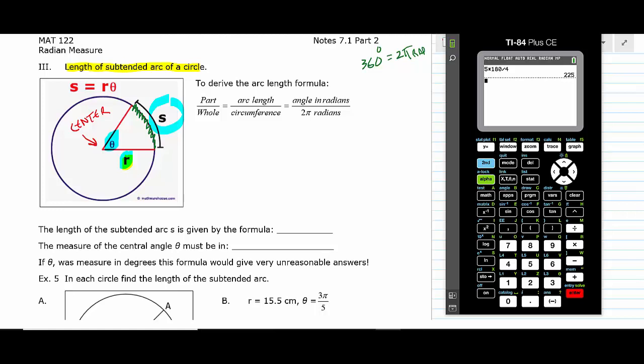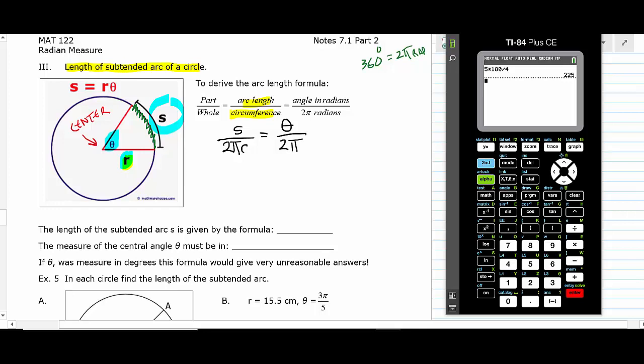Arc length, you're going to replace that with S. Circumference, we have a formula for the circumference of a circle, which is 2 pi r. We did that a little earlier in the section. And then over here, the angle in radians is theta, and all the way around the circle is 2 pi.